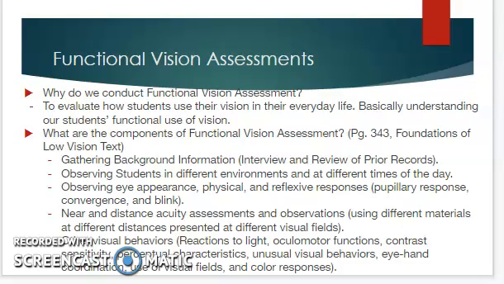During your school year, you'll have at least 3 or 4 students who have their eligibility meetings, so you will have to conduct a functional vision assessment at least 3 or 4 times a year for different students. So you will get better at it and you will understand the components of it.